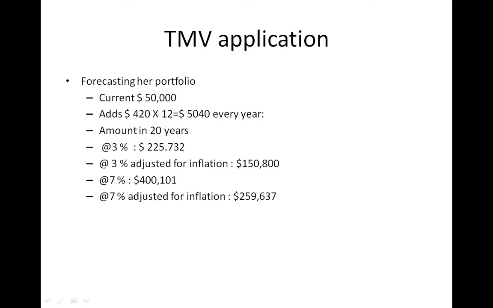So now, at 3%, she'll have $225,000. Obviously, the 50,000 grew, and all this money she's putting in every year is also growing too. If I adjust for inflation, it will be $150,000. At 7%, the number would be 400,000. Adjusted for inflation would be 259,637. So again, here is another example of how time value of money is used.